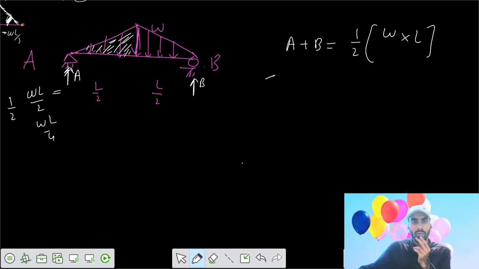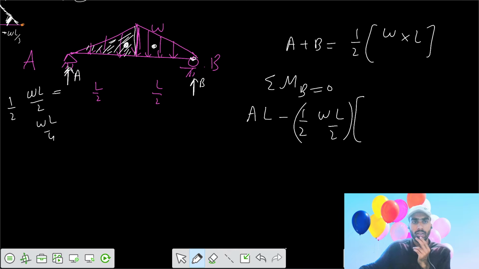Then we say summation of moments at B equals 0. Let's say the centroid of this part acts here and the centroid of this part acts here. We can say A into length L is a clockwise moment about point B, and then the effect of this part acts in the anti-clockwise direction. The area of that triangle is half of W into L by 2.